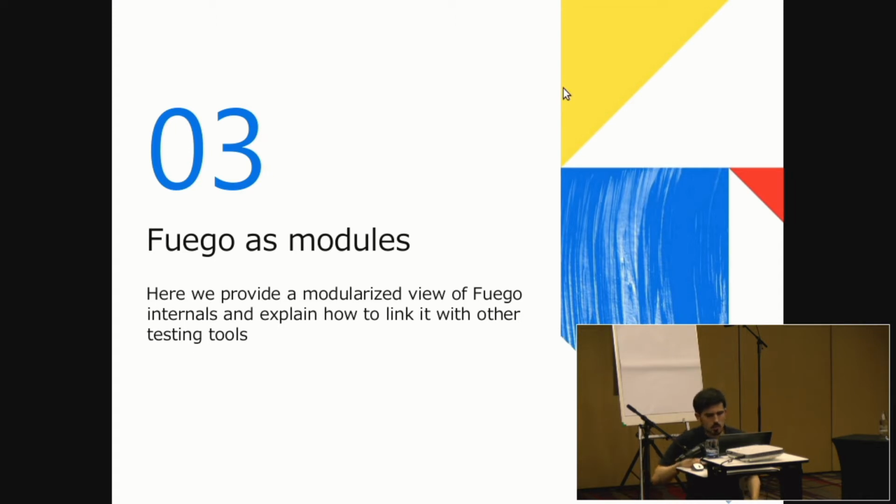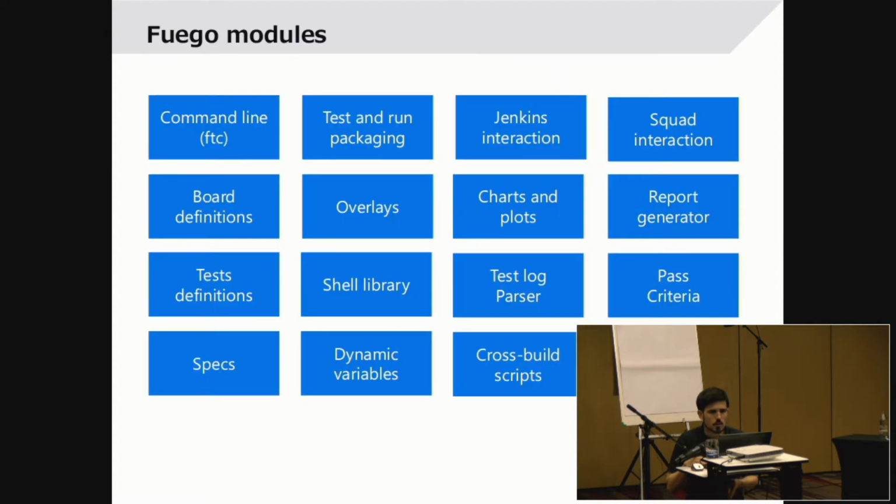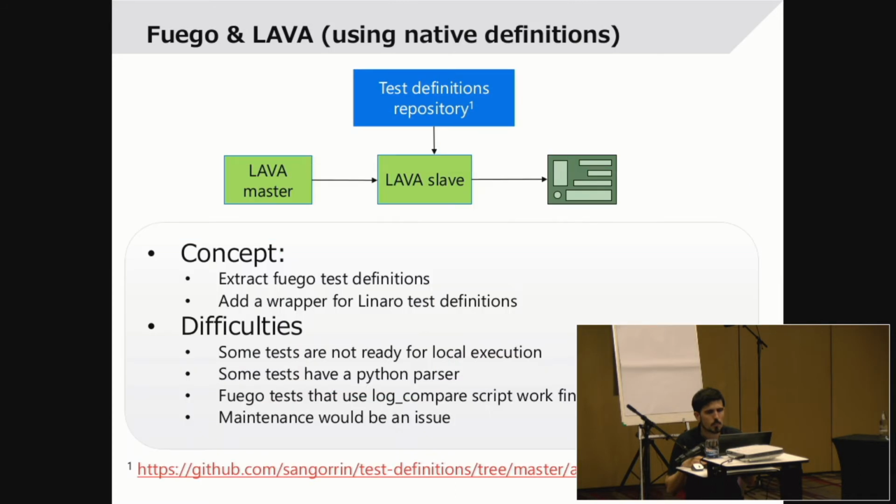In this next block, I'm going to introduce Fuego more as modules that you can share. So Fuego can be divided into multiple modules, like a command line, the board definition, overlays, pass criteria, dependency system, dynamic variables, specs, charts and plots. So there is a lot of know-how that could be extracted from Fuego and ported to different places.